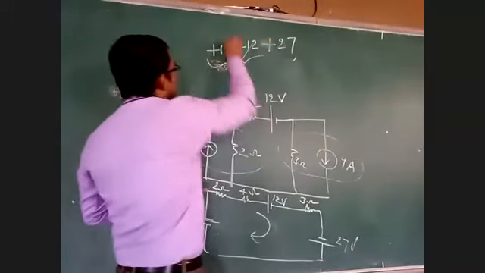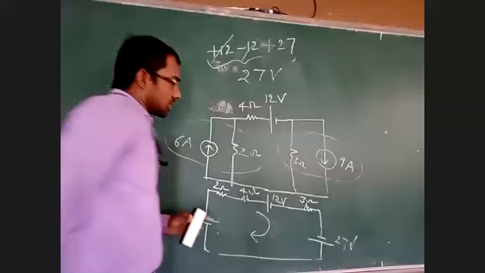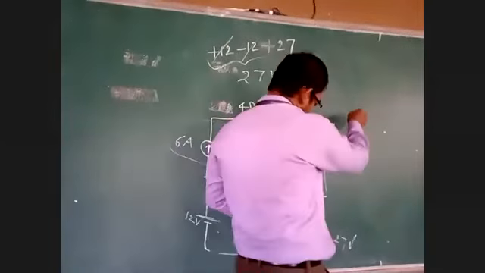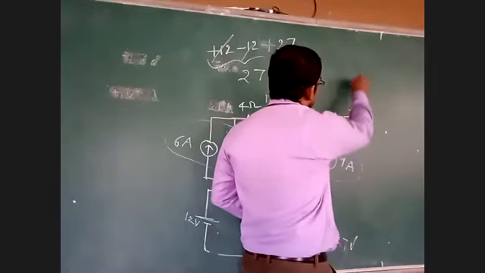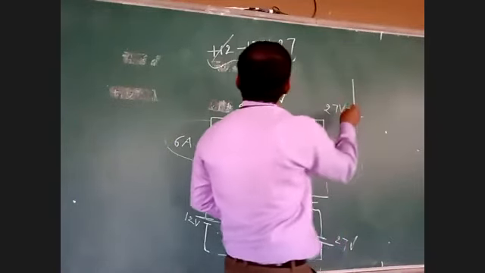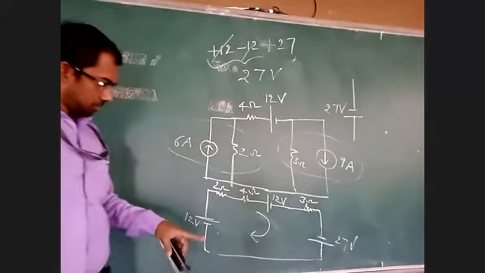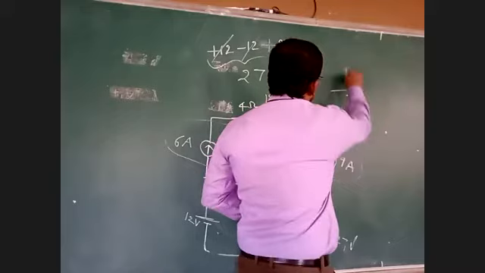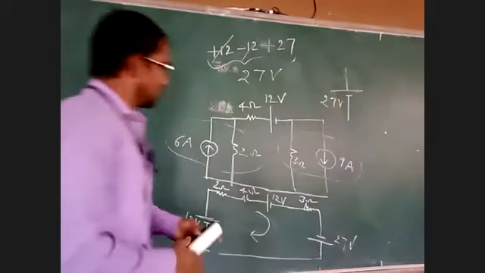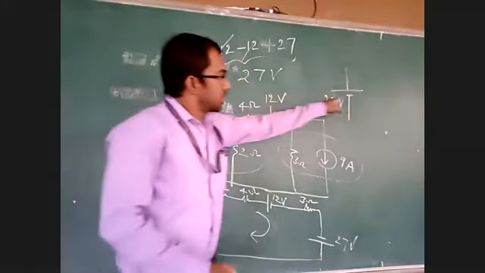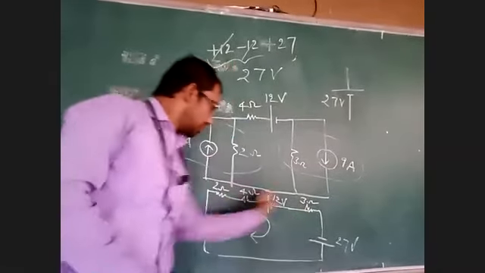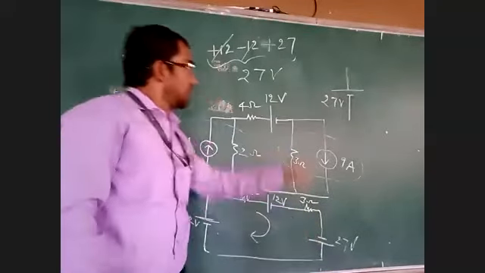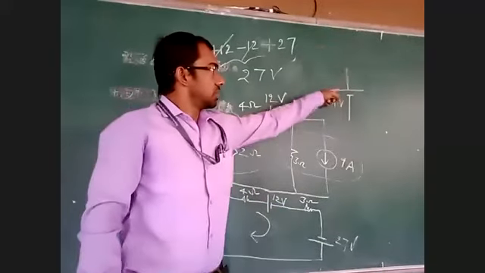Total voltage is 27 volts. The arrow will be from minus to plus. If you are getting plus, take minus and plus here. The bottom lower terminal will be negative, the upper terminal positive.